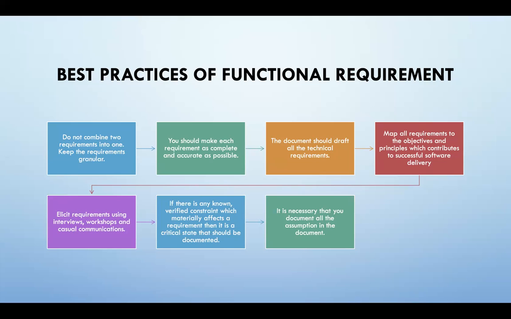Don't assume that we should know this. You need to document every module, every functionality, anything that we need to see. Don't underestimate, don't overlook, put everything out there so that we know what we're trying to build. It is necessary that you document all assumptions in the document.